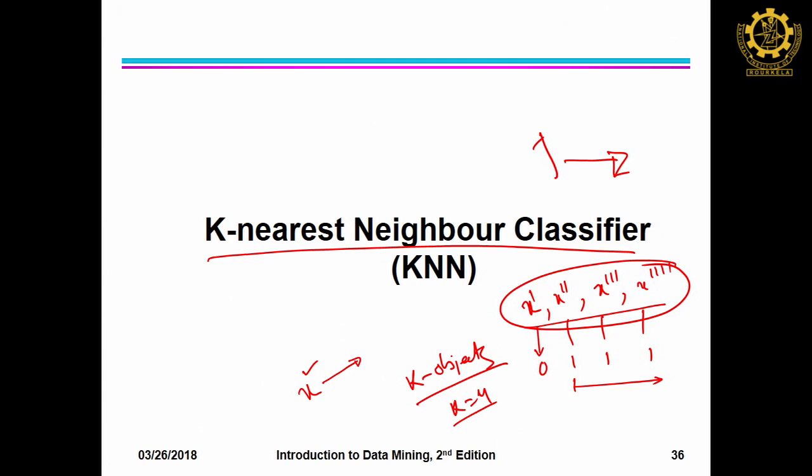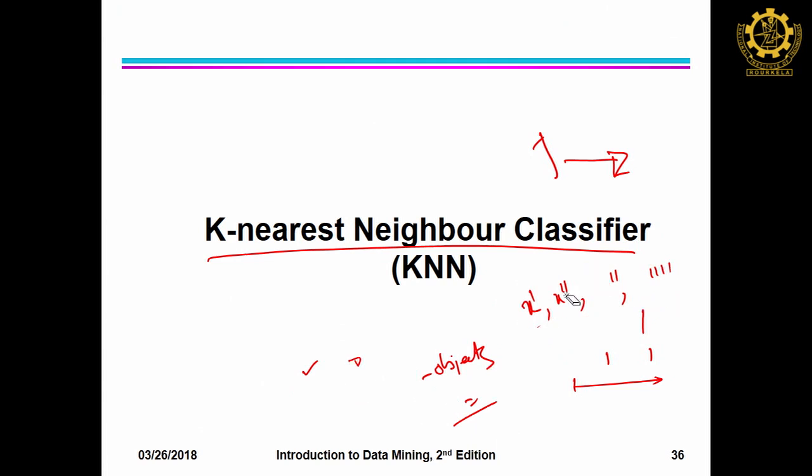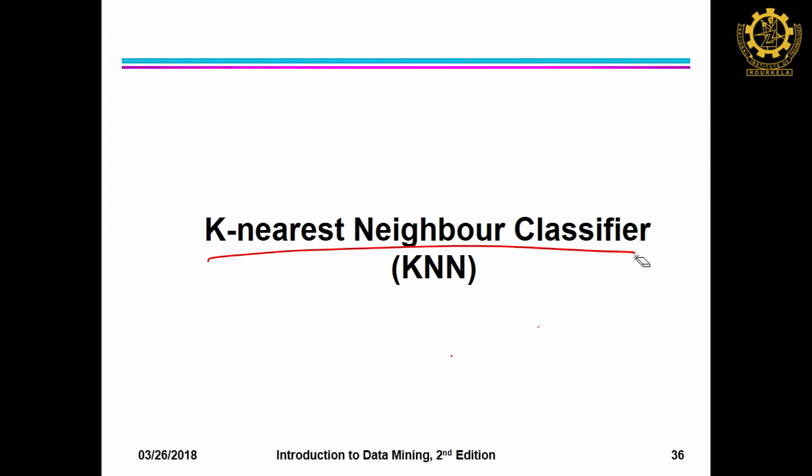Now, in the k nearest neighbor classifier, what we have to do is find the k closest objects. The question is how do we find the k closest objects of an unknown object? The easiest way is to find the distance from x to all the patterns, say x1, x2, x3, up to x100, which belong to the training data set, and find the k closest objects.